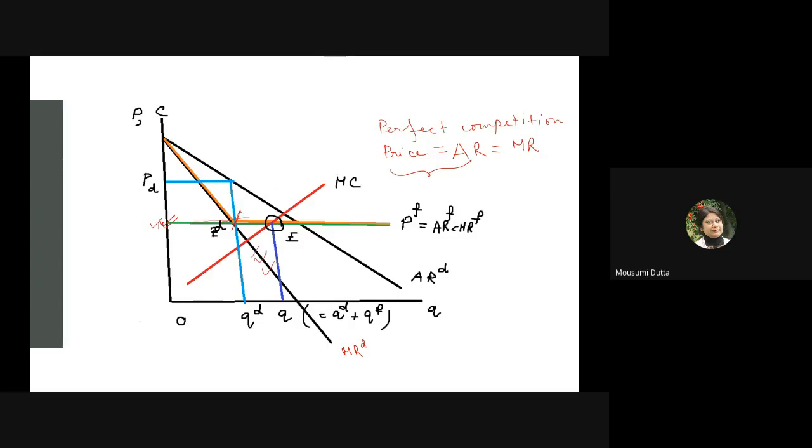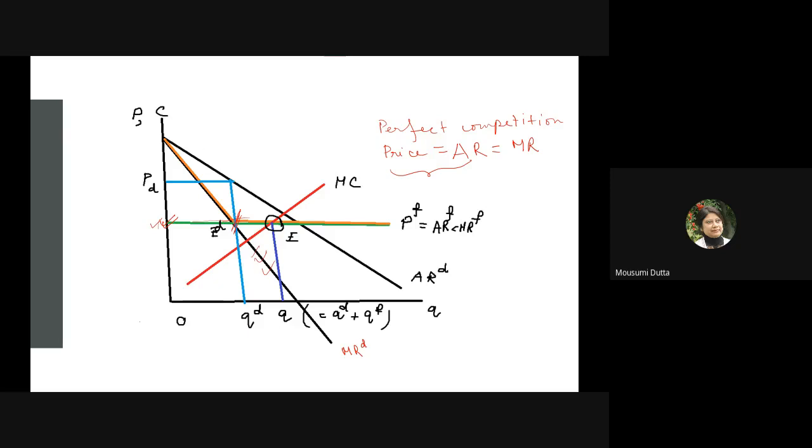So henceforth, up to this point, this will be the part of the TMR. Henceforth, if you add the MR of the domestic market with the MR of the foreign market, you have to follow this level. Am I right?